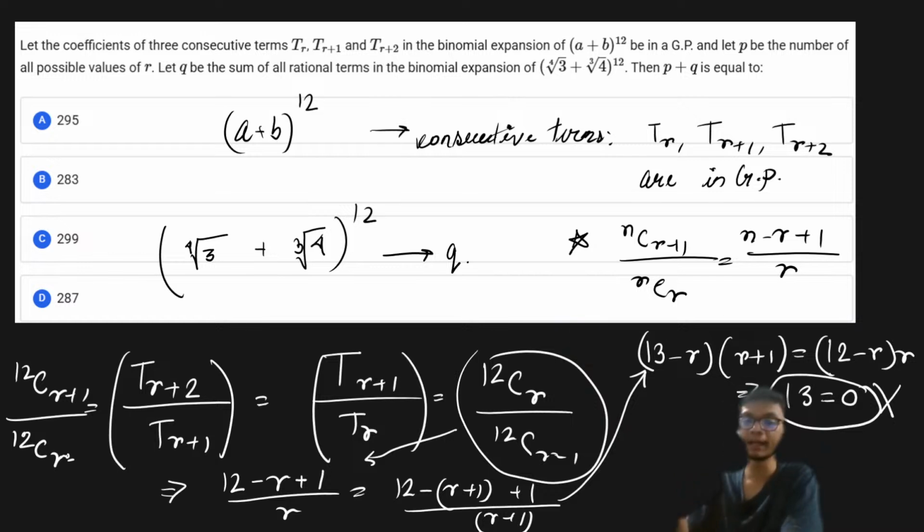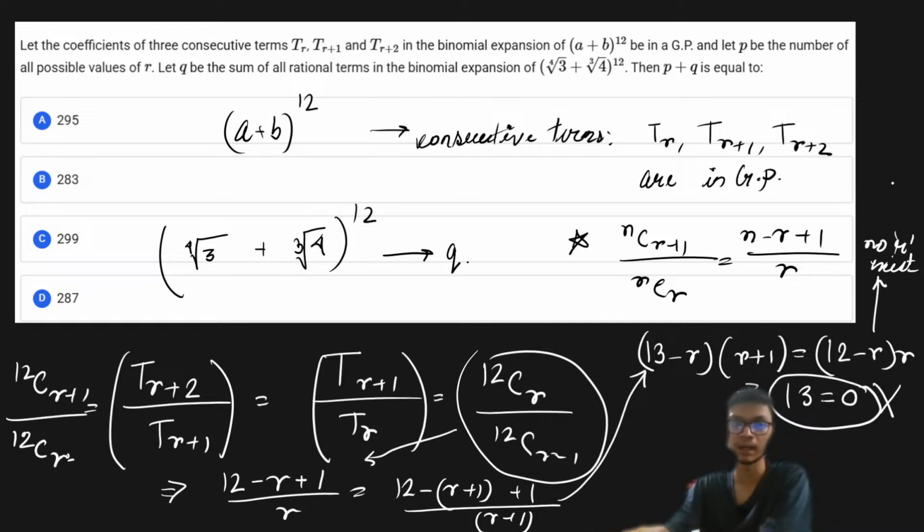Therefore no such r exists. So the number of possible values of r, that is p, is equal to 0, because there is no such r existing, right?